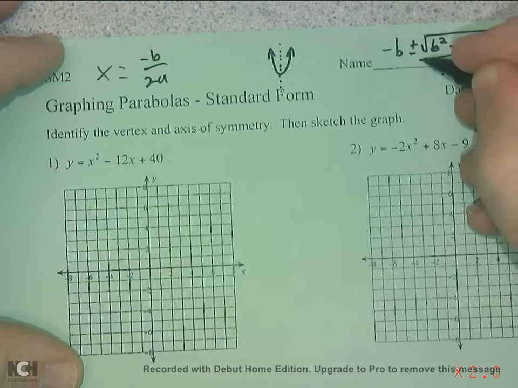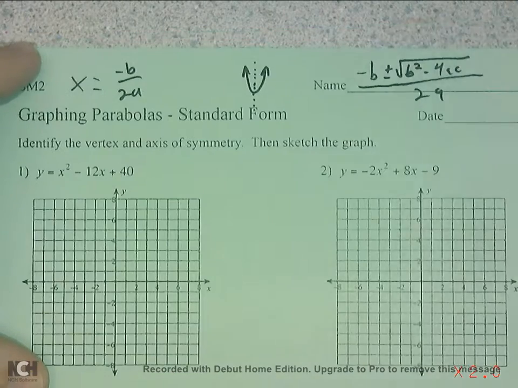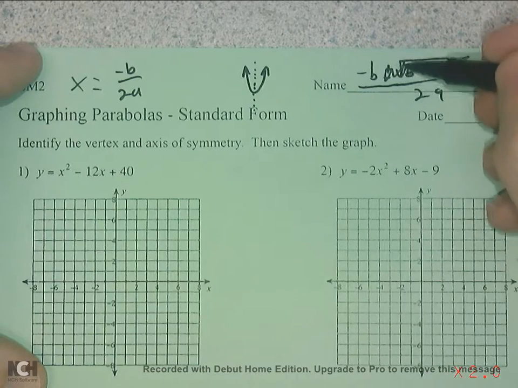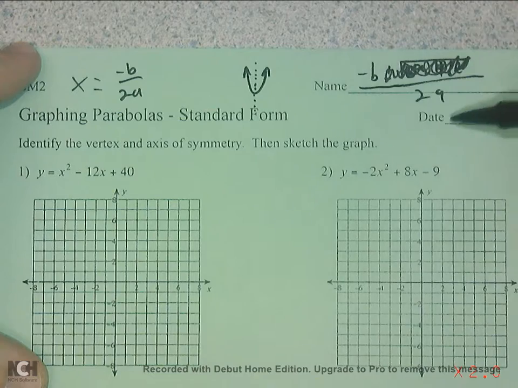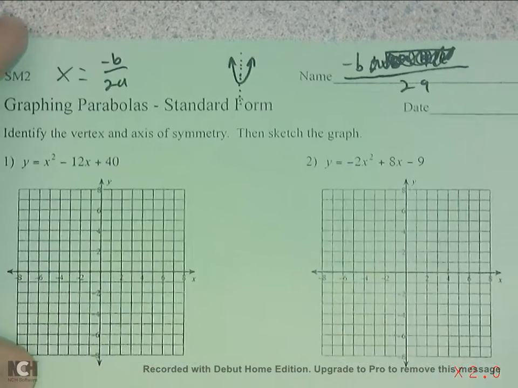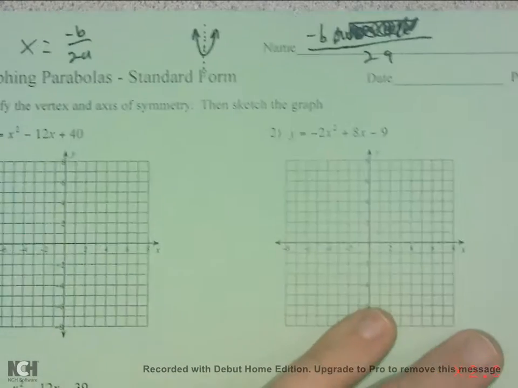All right? Now, this square root of b squared minus 4ac is what we call the discriminant. That tells me how many solutions we have and stuff like that. But if we take out the discriminant here, we're left with negative b over 2a. That's your axis of symmetry. That's what you need to find in order to find the axis of symmetry.